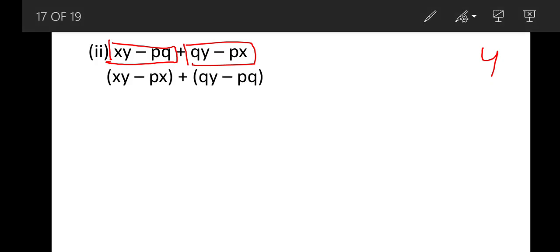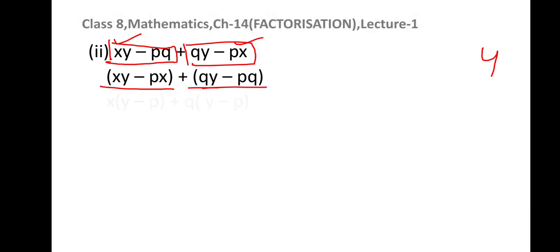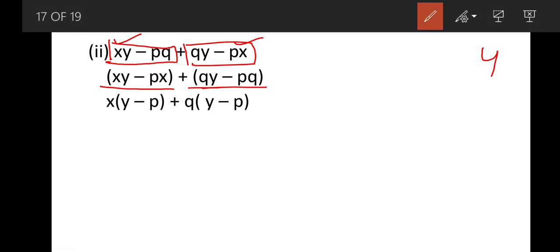So if I look at first term, that is xy and minus px, can I take x common out of these 2? Yes, definitely. So xy minus px I have written together, plus qy minus pq, or you can write minus pq plus qy. It is one and the same thing. Then what I have done, x is common, so x I have written outside.